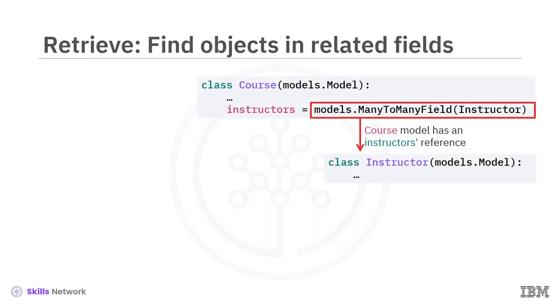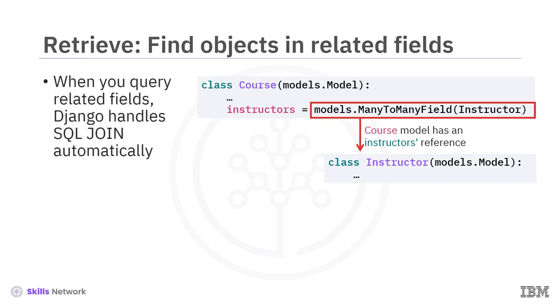In our previous model design, many models were related using relational field references. For example, the course model had a many-to-many field reference to the instructor model. From an object point of view, these composite fields are references to related models. From a SQL perspective, these fields are foreign keys pointing to related tables and could be joined to obtain related information.